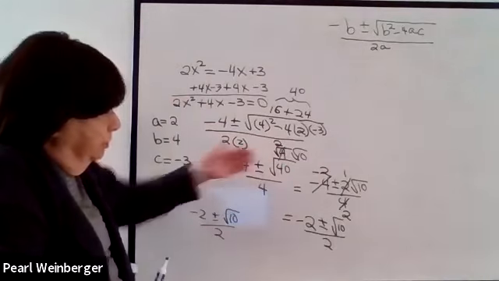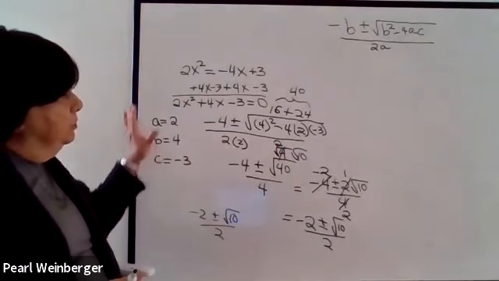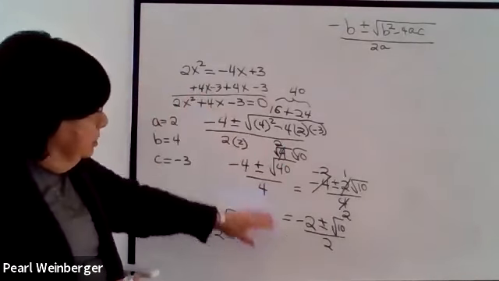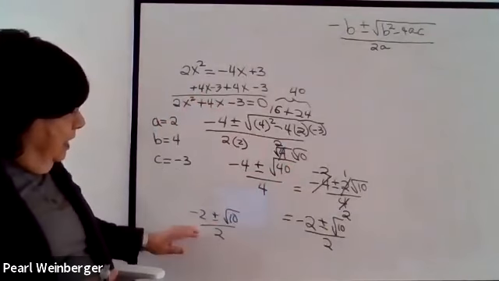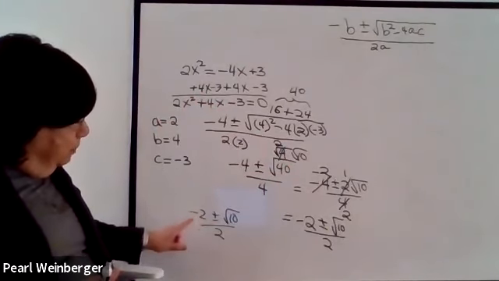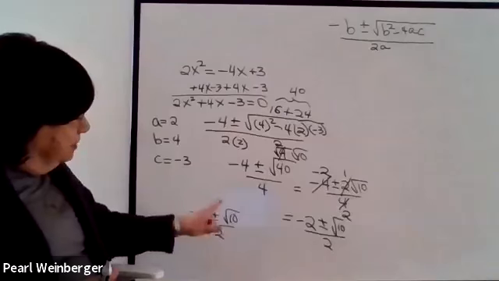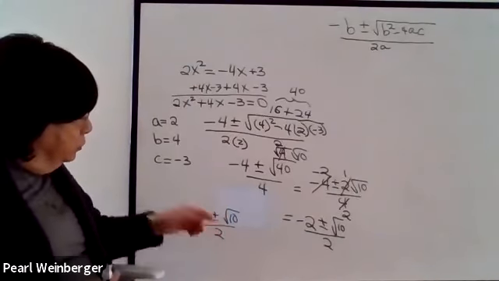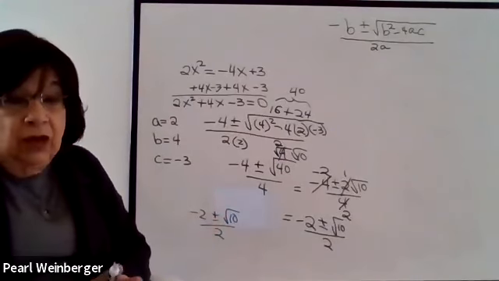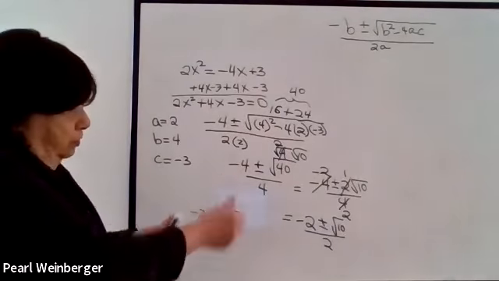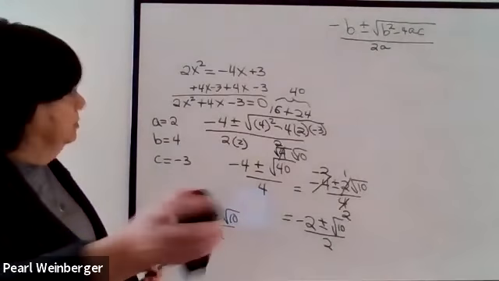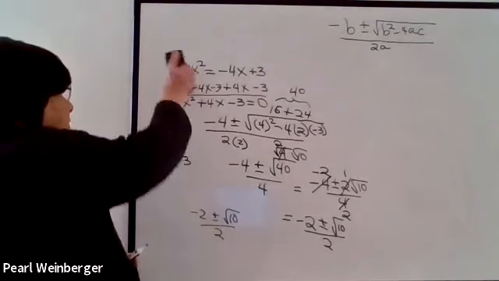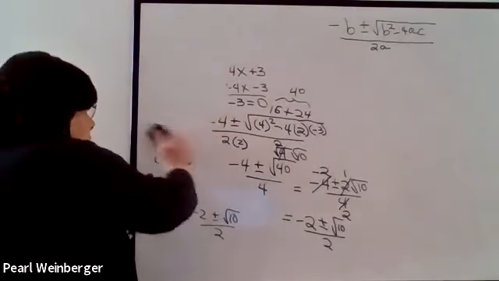If it can be simplified, you've got to simplify it so that your final answer comes out. And again, you could write this separately as 2 plus square root of 10 over 2 and 2 minus square root of 10 over 2. You could write it as 2 separate answers, but the more efficient way to do it is to use this plus minus. Okay, here's one more question to do.